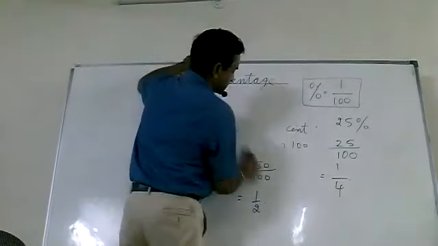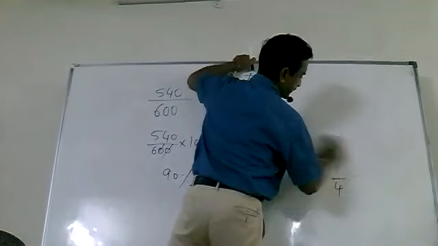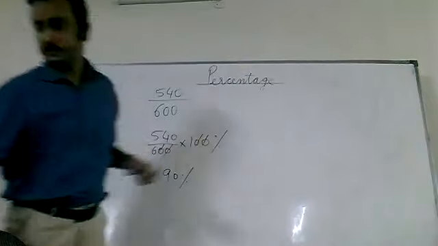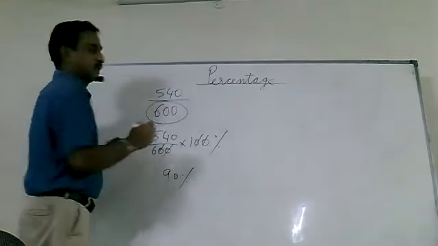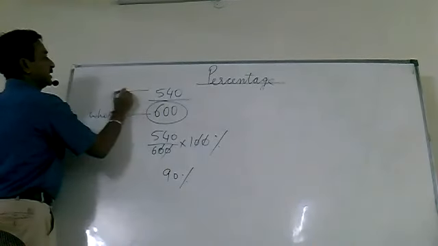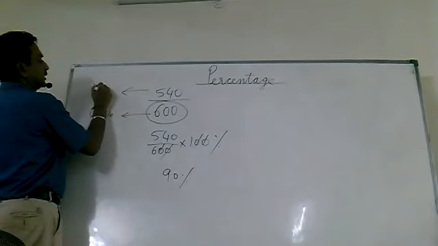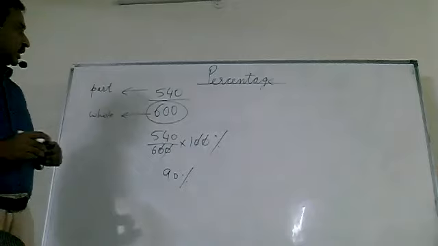Now let's understand the two terms. One is part quantity and one is whole quantity. Here the maximum marks were 600, so this is the whole quantity. He got 540, so this is the part quantity.